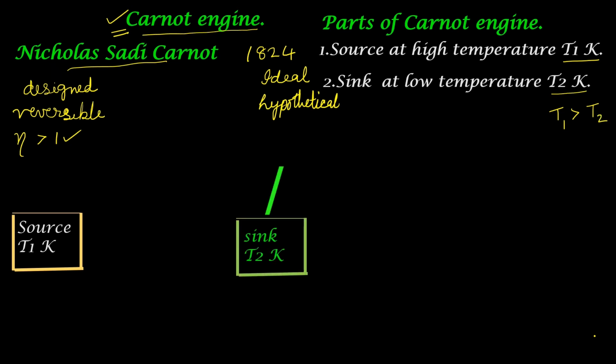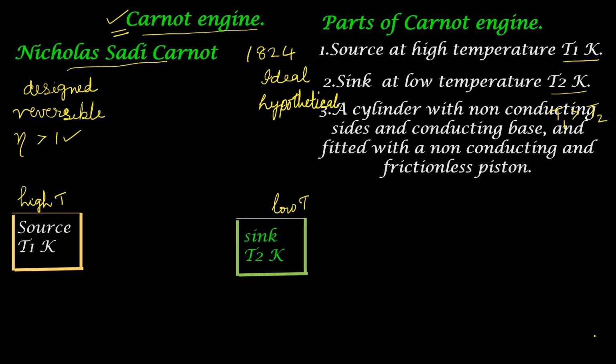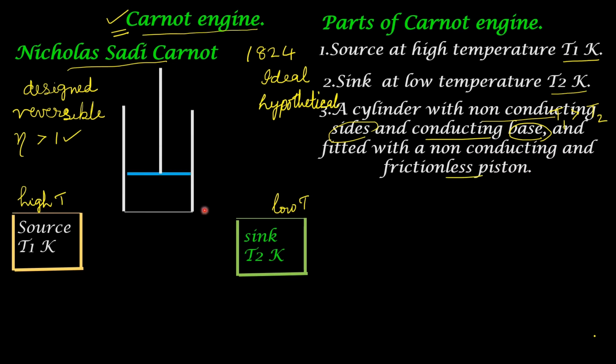This end is conducting. The third part is a cylinder with non-conducting sides and conducting base fitted with a non-conducting and frictionless piston. So all dissipative forces are avoided. The side walls are shown thick. The piston base also is shown thick.